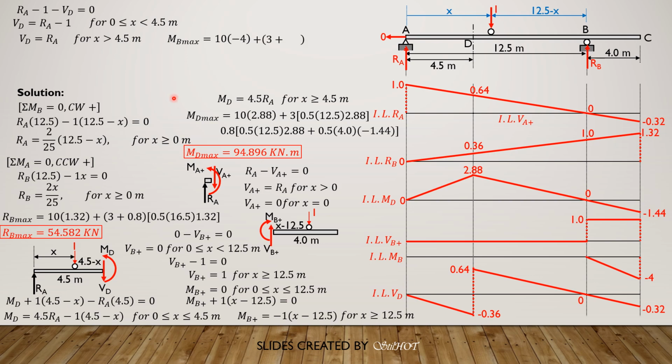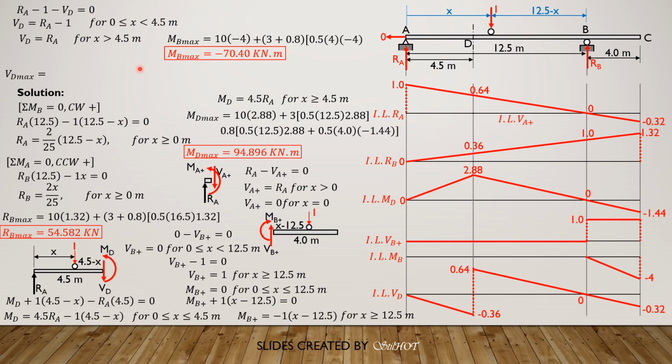Then for x greater than 4.5, it is equal to RA. So let's copy 0.64 down to negative 0.32. So that's it, because shear at D is equal to RA. So negative 0.32.